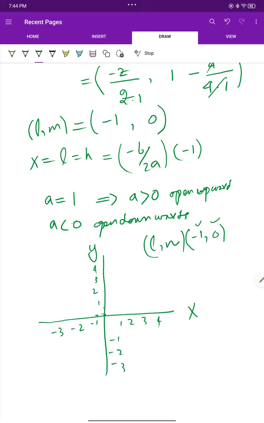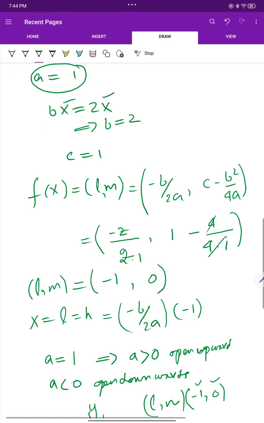So it goes like, so these are the vertex. And it opens upward because a is greater than 0.